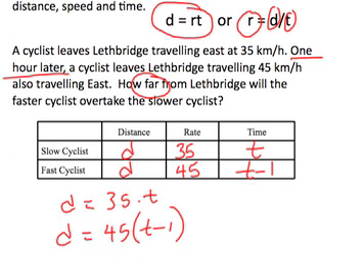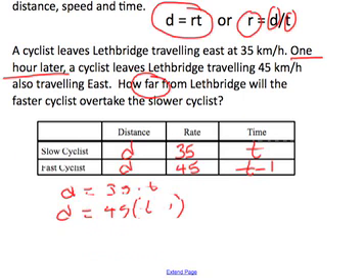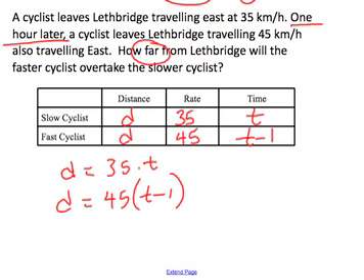Okay, so if the distances are the same, notice this one is set up good for substitution instead of elimination because I have already solved for one of the variables. So here if d is equal to this and d is equal to this, if I want to know where they cross, I can simply let the one side equal the other side.